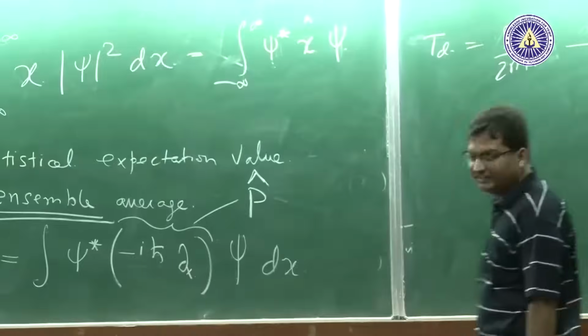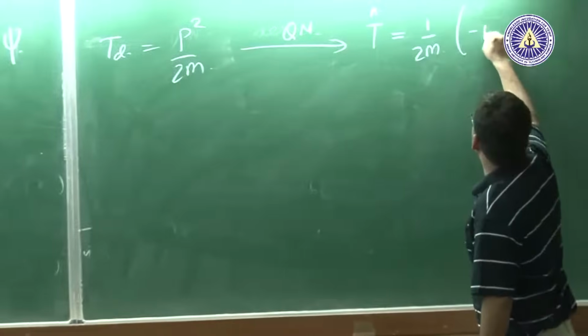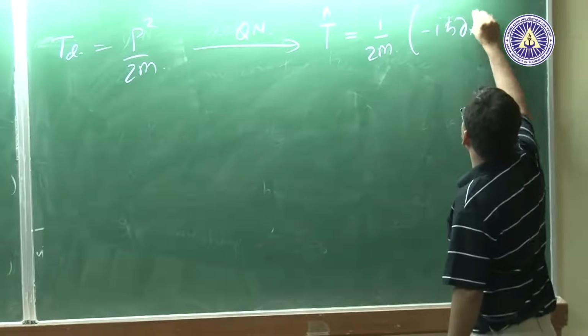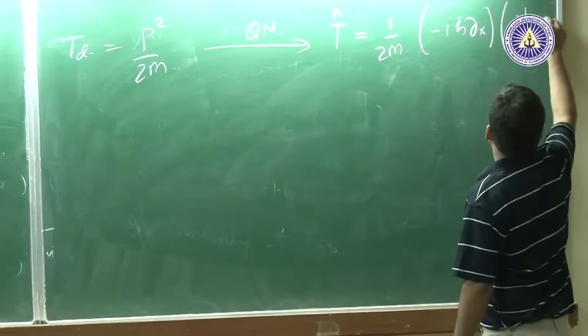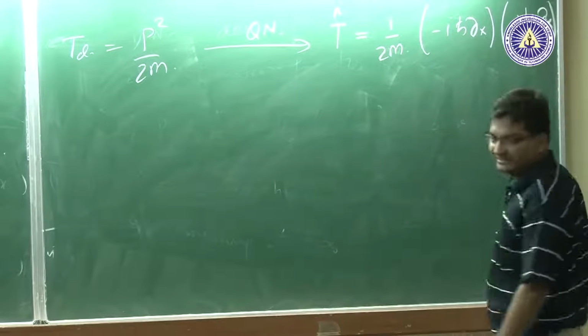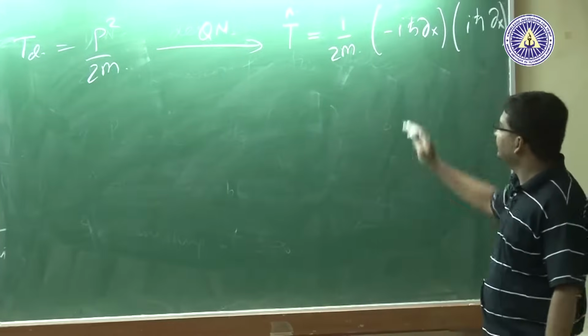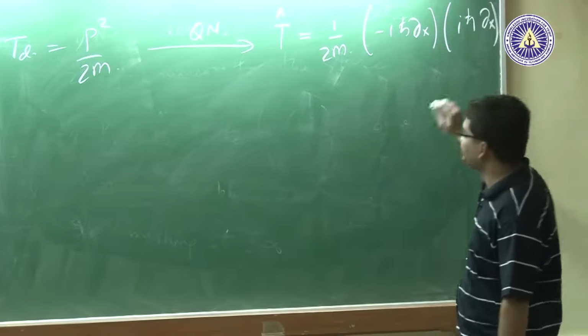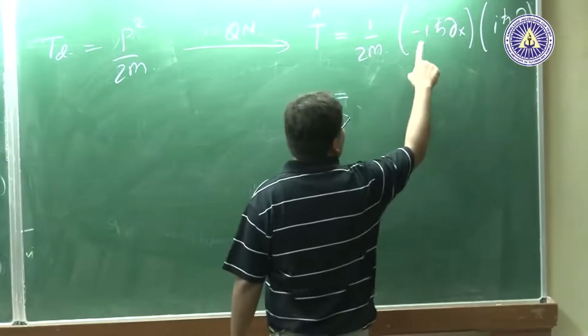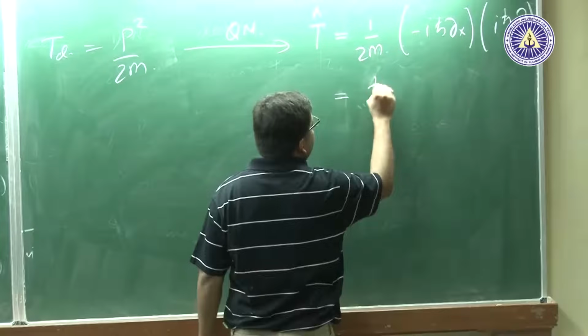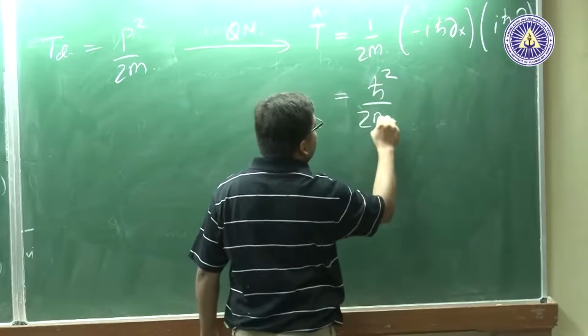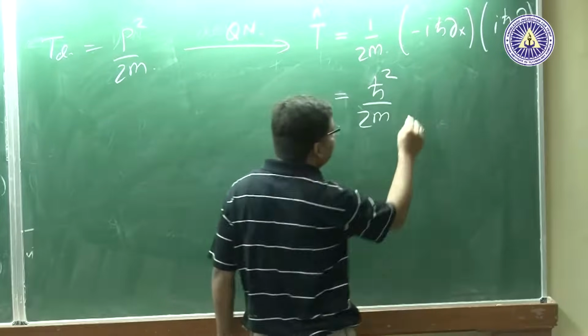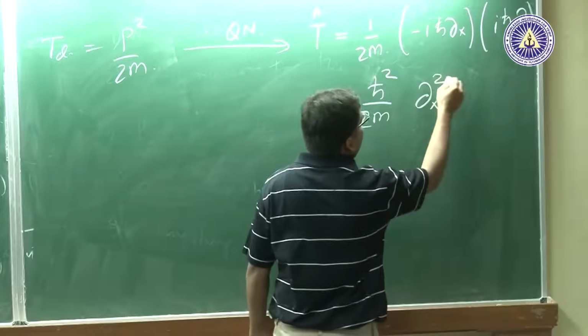So minus i h bar del x times minus i h bar del x, and this acts on whatever is to the right. So this is nothing but minus h square by 2m dou x 2.